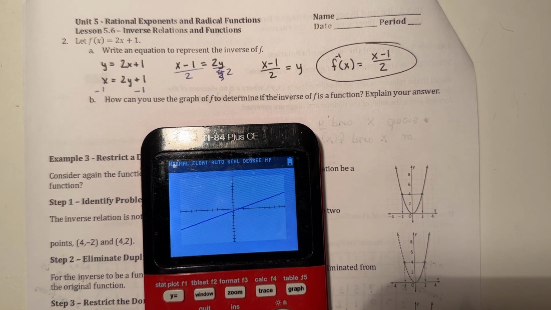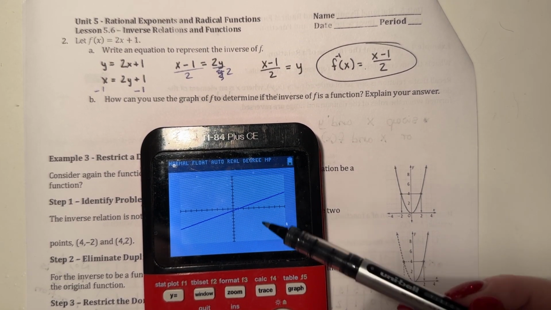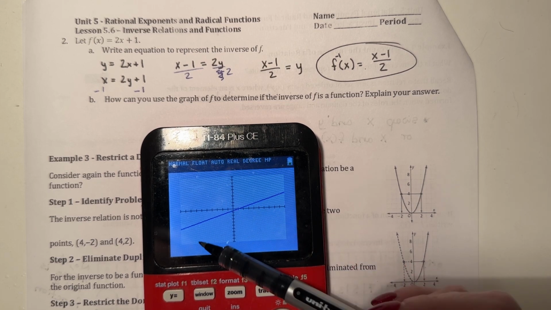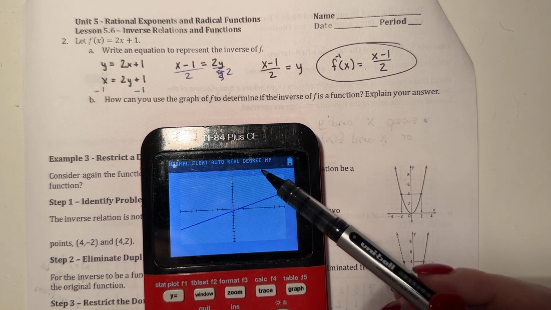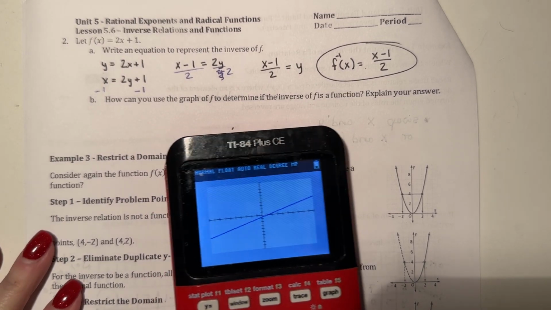So graphically, I always use the vertical line test. If I want to check to see if something is a function, I am just going to draw mentally vertical lines and make sure that my vertical lines, no matter where I draw them, only intersect with the graph of the equation once, which it does.